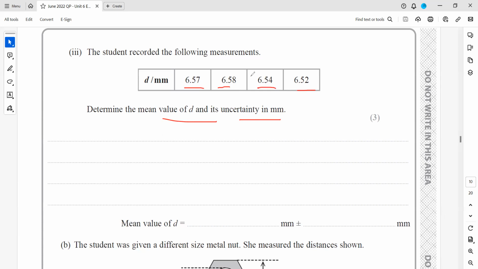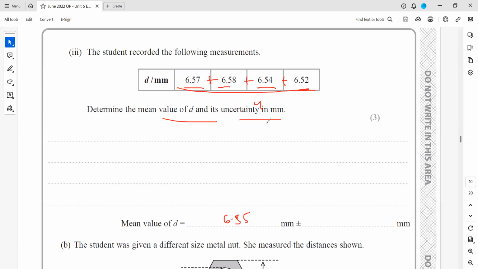So when we are taking an average, we will add them and we divide it by total number, which is 4. This will give us the average value of D. But how to work out the percentage, how to work out uncertainty or the percentage uncertainty? That is a half range formula, like maximum minus minimum. So the average will be 6.55.